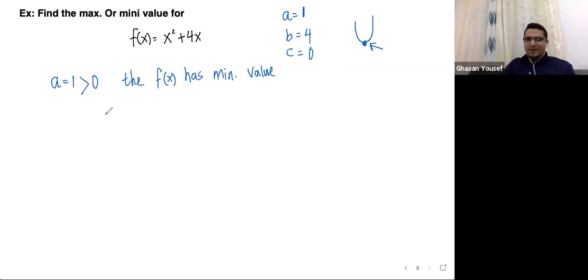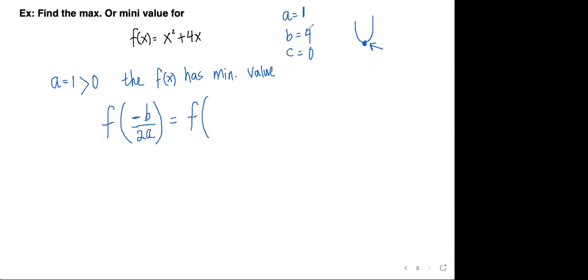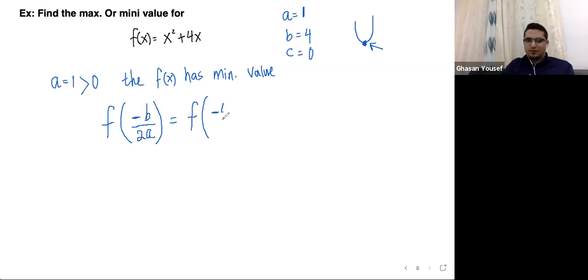So now, what is the value for the minimum value? The minimum value is f of minus b over 2a. And this is actually f of, what is the b? It's negative 4 over 2 times 1. And this is equal to f of negative 4 over 2, which is negative 2. Now plug the negative 2 into the function.